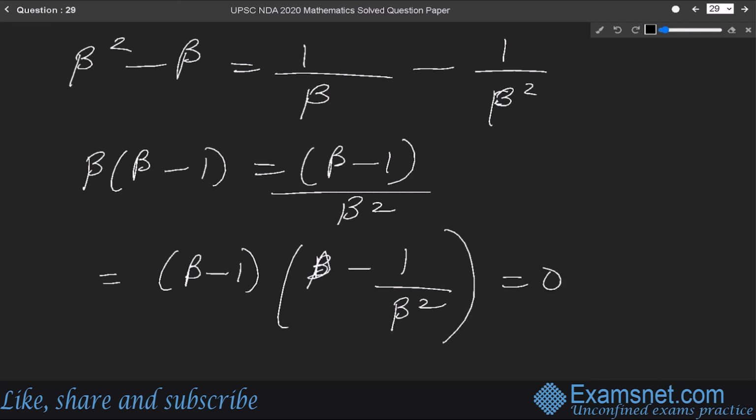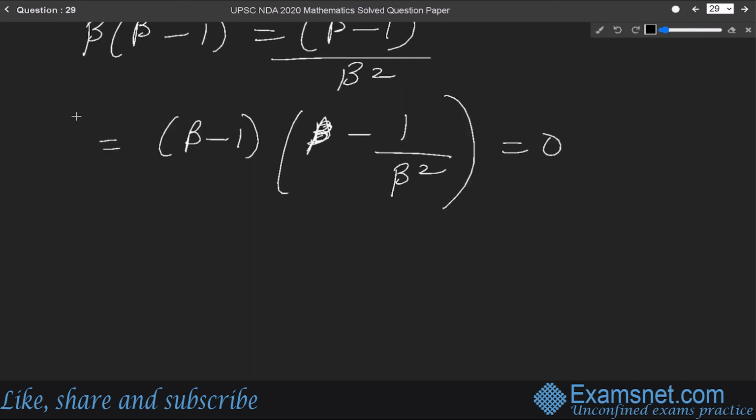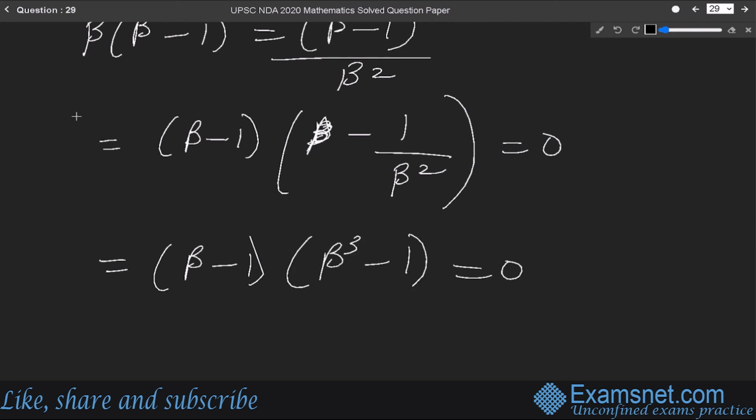Again simplifying it, it will be (beta minus 1) into (beta minus 1) upon beta square is equal to 0. This is beta, don't get confused. Further solving it, it will be (beta minus 1) into (beta cube minus 1) is equal to 0.